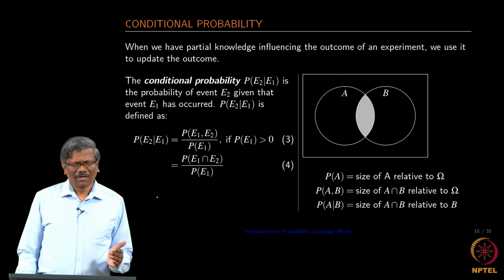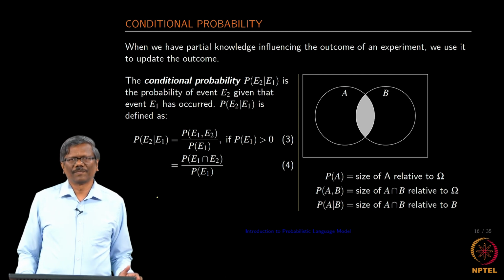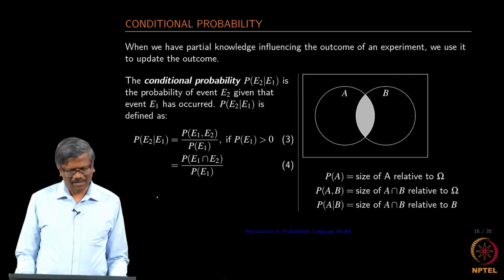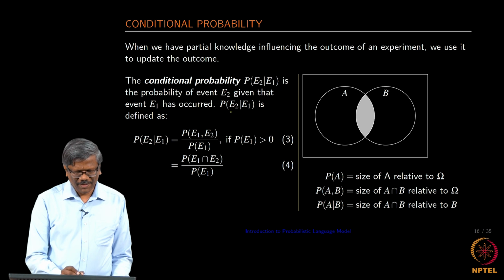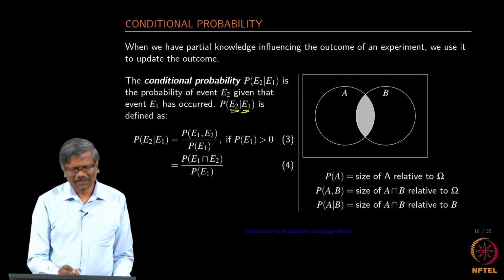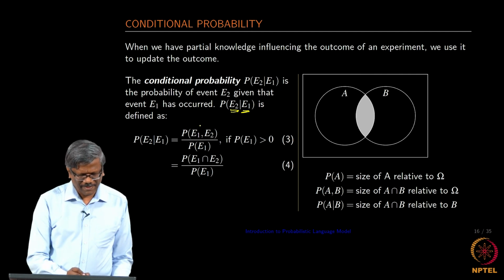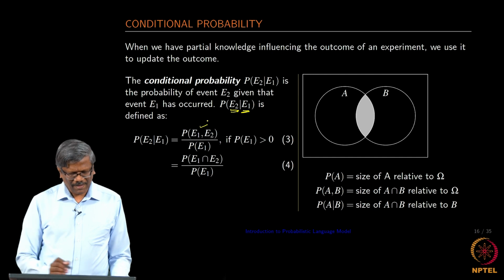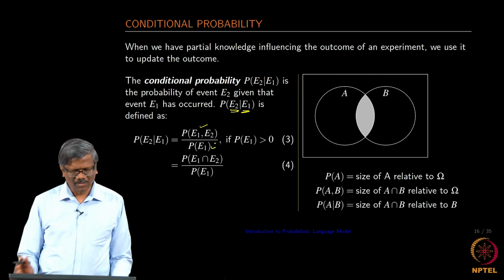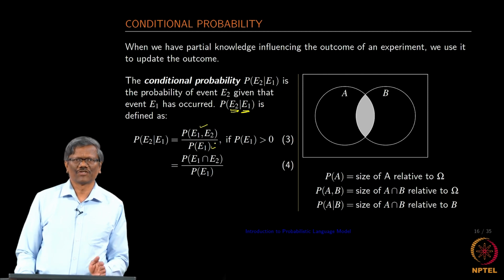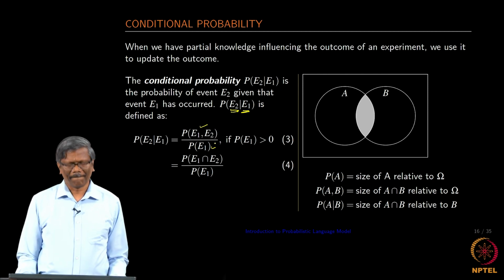We define the conditional probability as the probability of event E2 given that E1 occurred. That means E2 occurs only when E1 has occurred. So, it is defined as the joint probability that we had seen earlier, and in the denominator we see the probability of that event alone, which you know a priori.